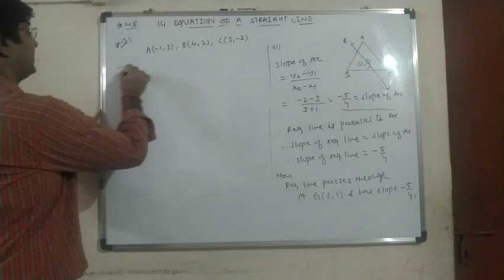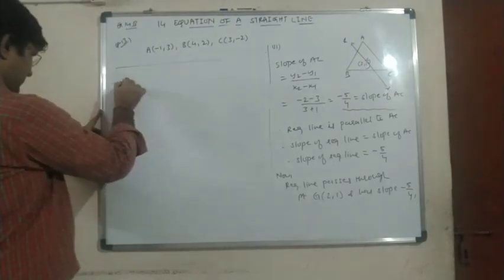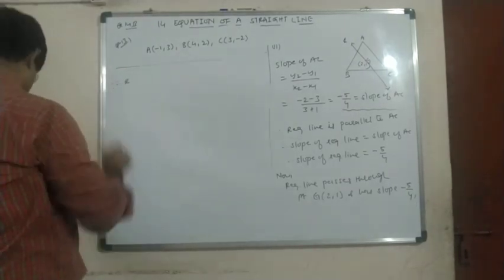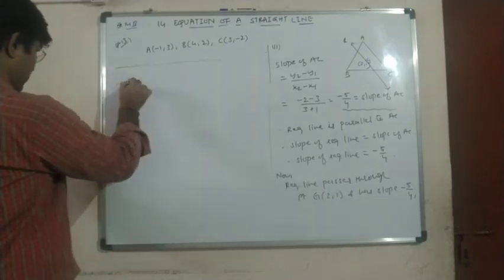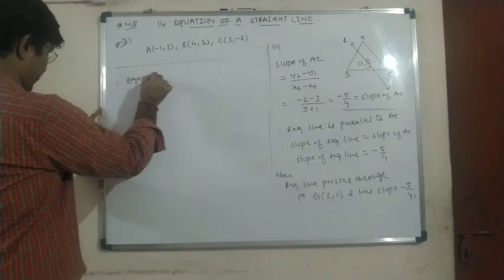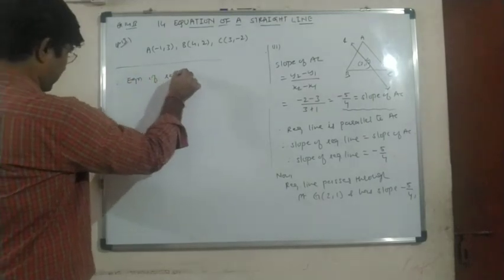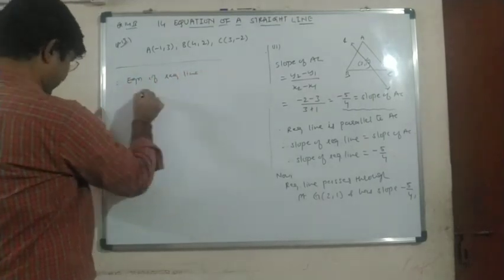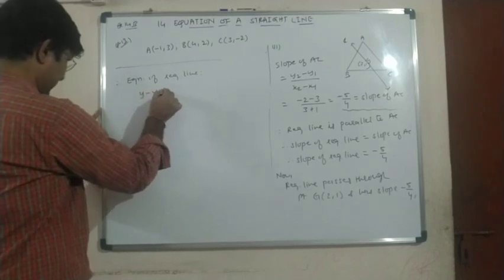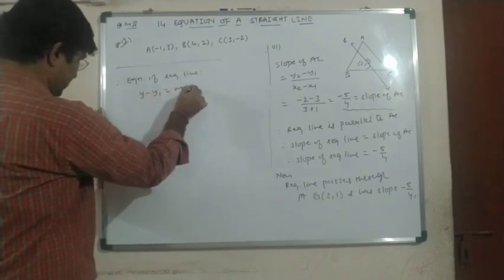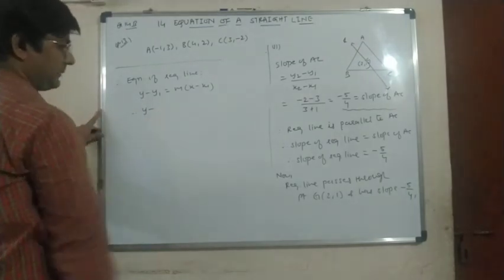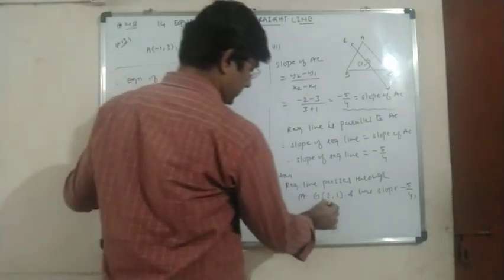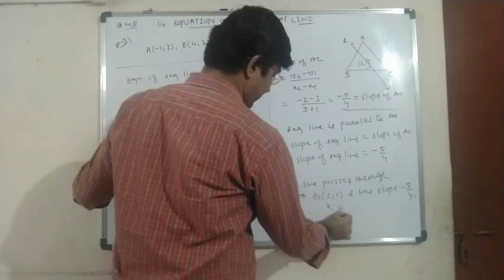Therefore, the equation of the required line will be given by the formula y minus y1 is equal to m into x minus x1. The coordinates of G are x1, y1.